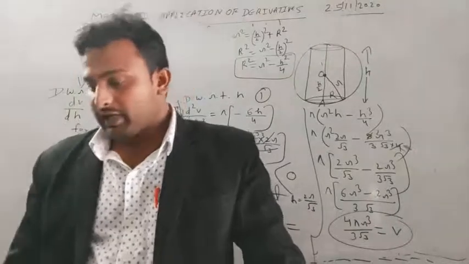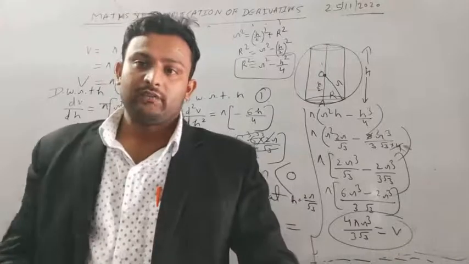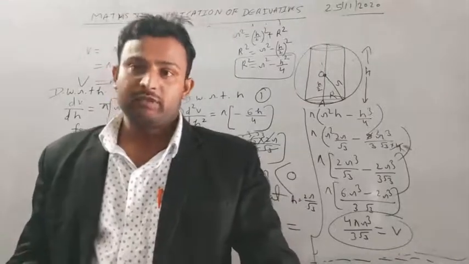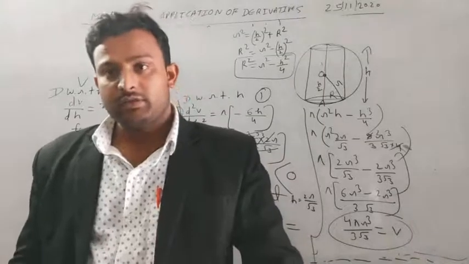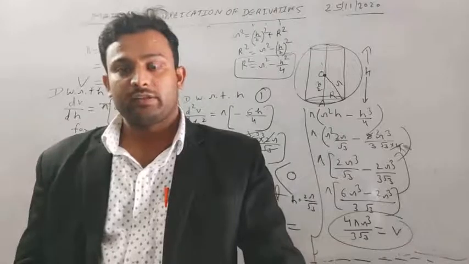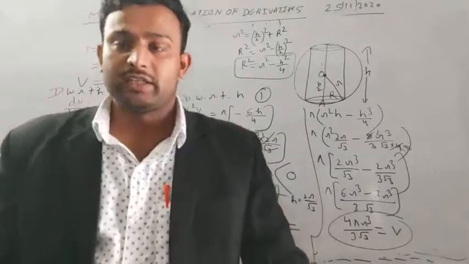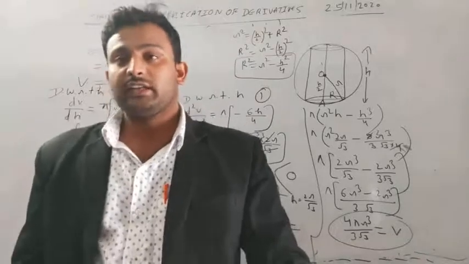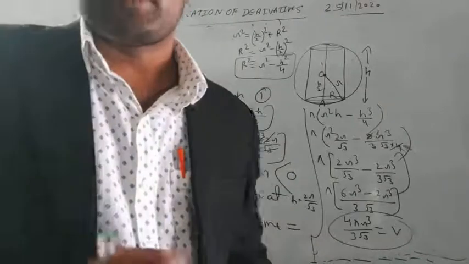If the second derivative at that point is negative, then we can say the function is maximum at that point. If it is positive, then the function is minimum at that point.